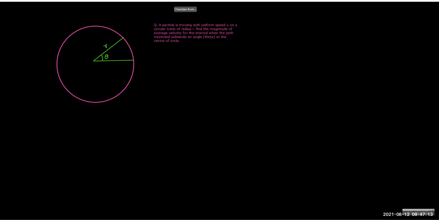The displacement over total time. Correct. So what is the displacement here? We have calculated the displacement in the last lecture. r theta. Is that the displacement? Are you sure? Is that the displacement or distance? That is the distance. Correct.